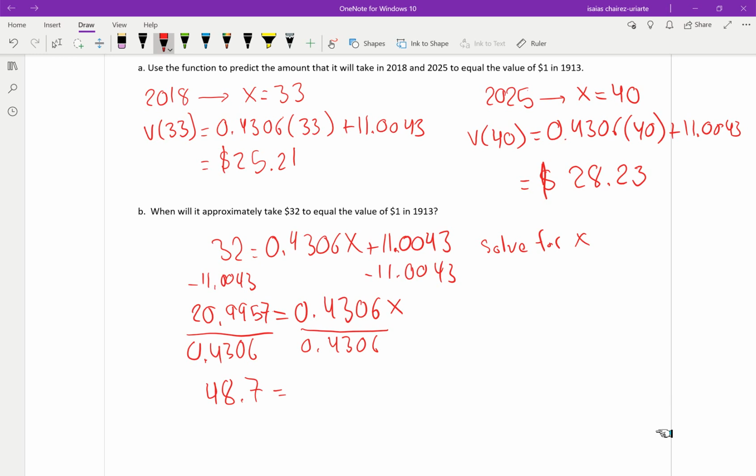And now we're talking about x, so I guess this means 48.7 years since 1985. What year is that? So 1985 plus 48.7, that's about the year 2033. Whatever, almost 2034.